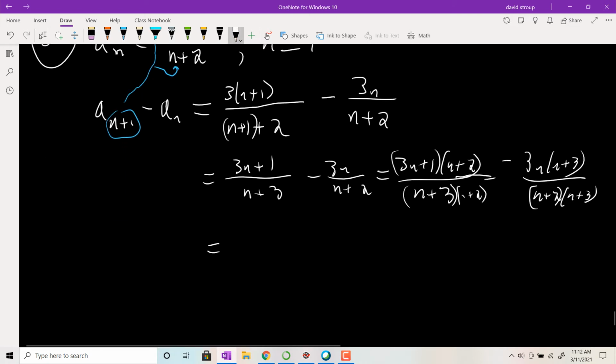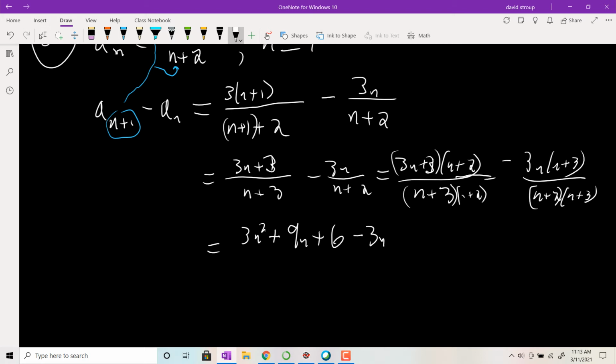So foiling in the first numerator, you get 3n squared plus 6n plus 3n. That doesn't seem right. What did I do wrong? And I made that mistake. There we go. Sorry about that. So 3n squared plus 3n plus 6n is 9n plus 6. And let's just go ahead and subtract the other numerator, right?